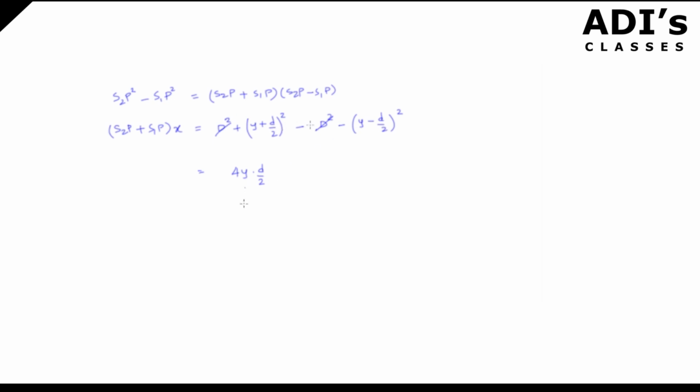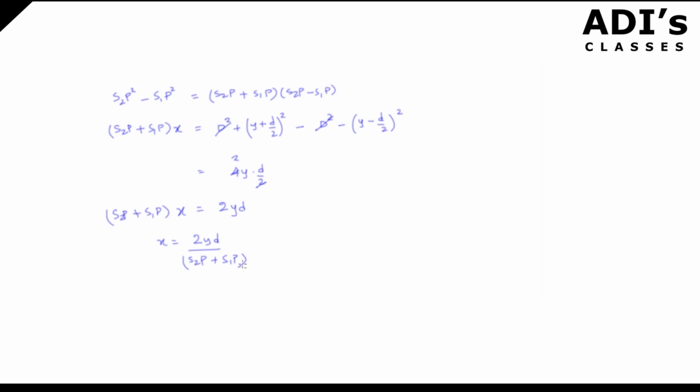So we get S2P plus S1P times x, the path difference, equal to D square plus (y plus d by 2) whole square minus D square minus (y minus d by 2) whole square. So D square cancels. Now if you expand and simplify, we get 4y into d by 2.